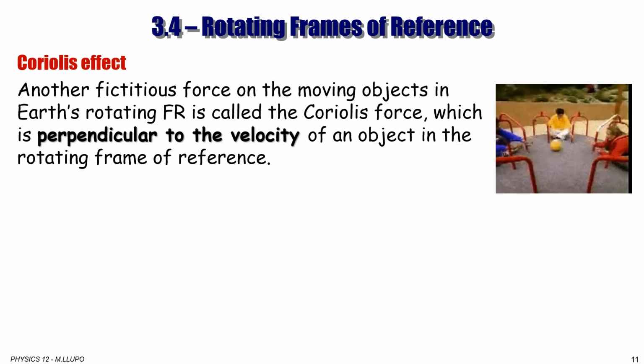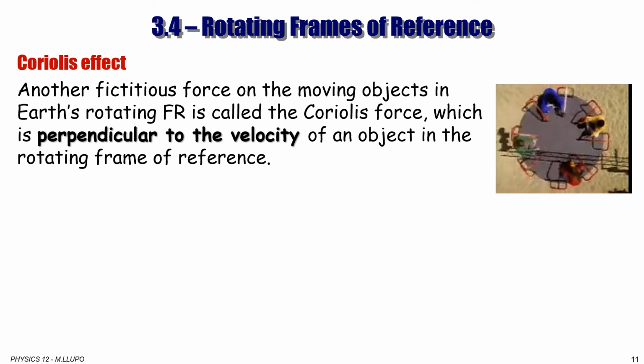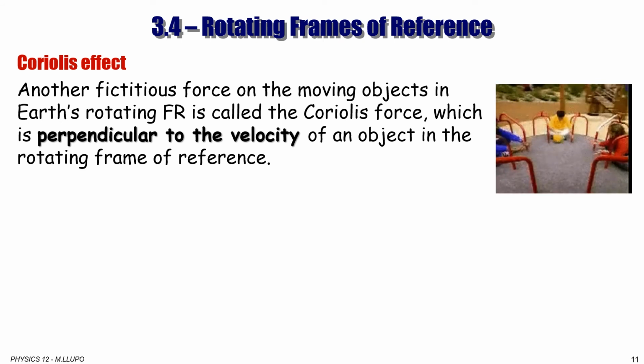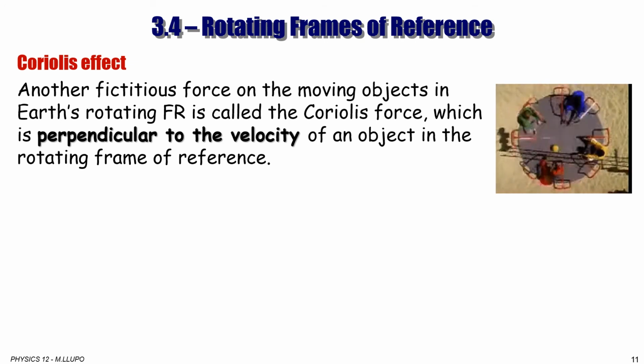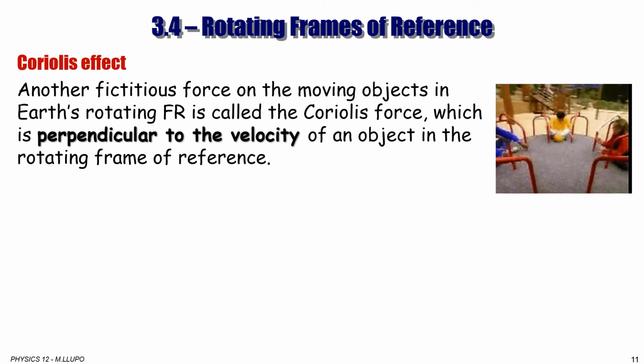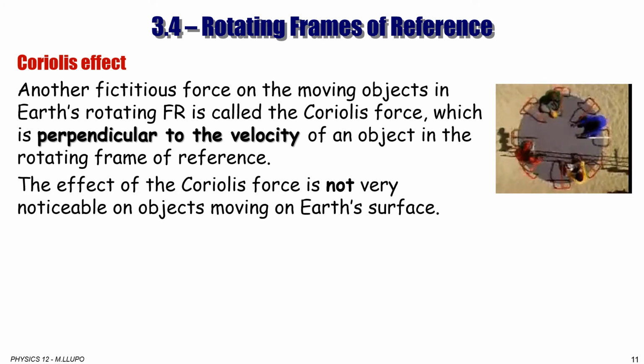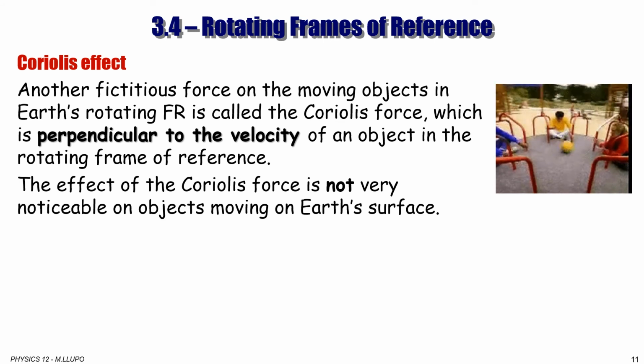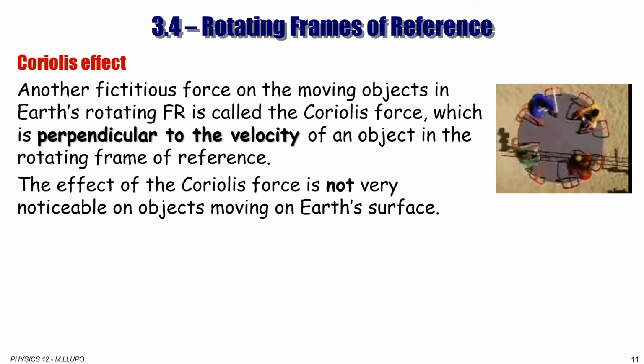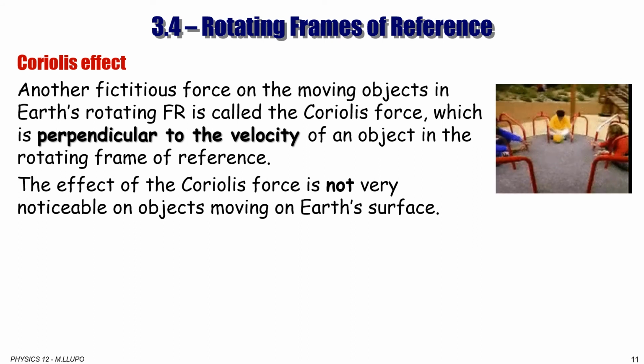Another fictitious force on moving objects in an Earth rotating frame of reference, or a non-inertial frame of reference, is called Coriolis force, which is perpendicular to the velocity of the object in a rotating frame of reference. Now, take a look. The effect of the Coriolis force is not very noticeable on an object moving on Earth's surface, but take a look how they just threw a ball toward each other.